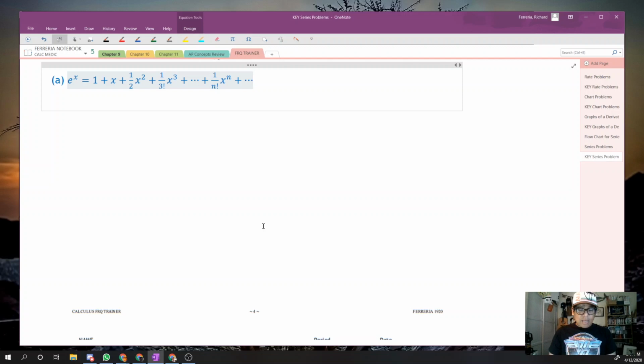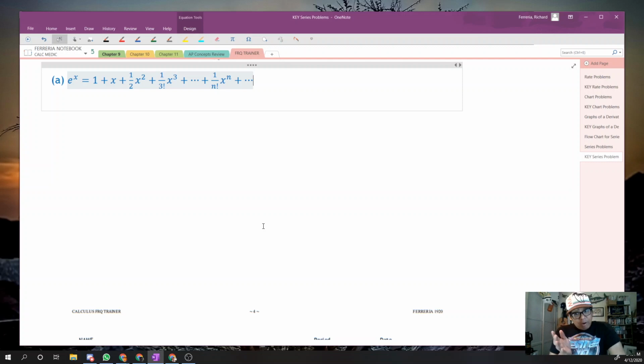Sine of x and cosine of x are the other two. There are other series that people recommend that you memorize, but you're not going to get anywhere if you don't memorize those 4 basic series. Make sure you take a look at them. I know I have them written under series problems under the non-answer key version of this.